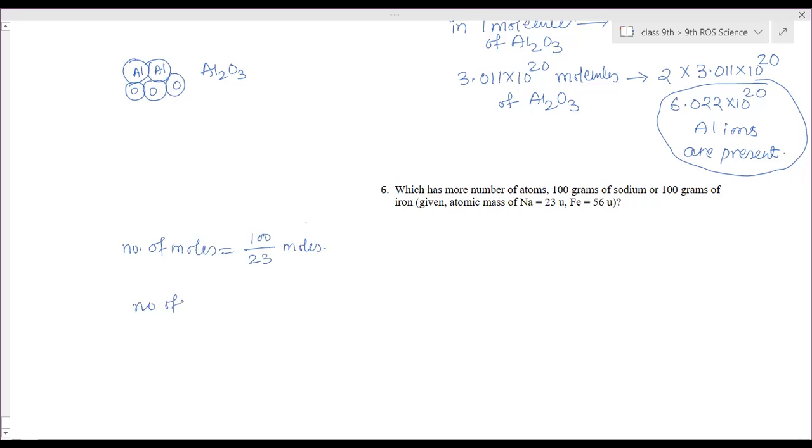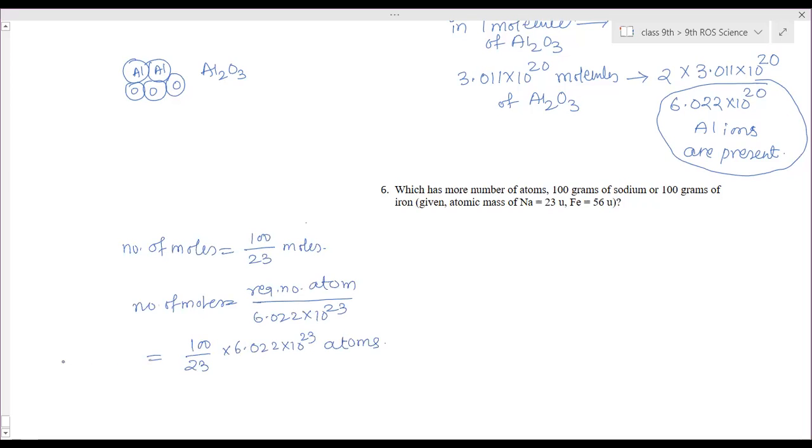Then from number of moles, the required number of atoms is number of moles into 6.022 into 10 to the power 23. Number of moles is 100 by 23, into 6.022 into 10 to the power 23 atoms are present.